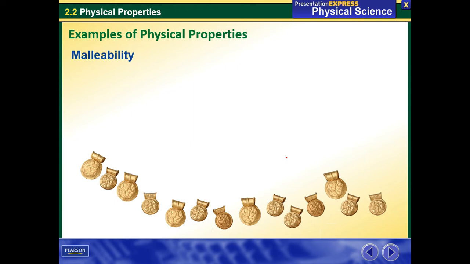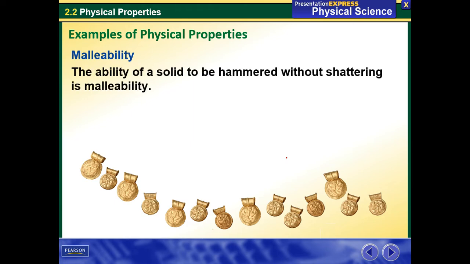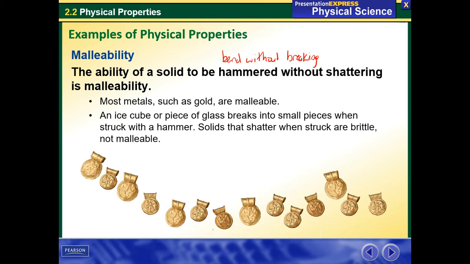The next one we're going to talk about is malleability. This is the ability of you taking a hammer and hammering a solid, and it doesn't shatter or break. In other words, we can bend them without breaking. Most often, these are going to be metals, such as gold or aluminum and silver, like I talked about in the last slide.